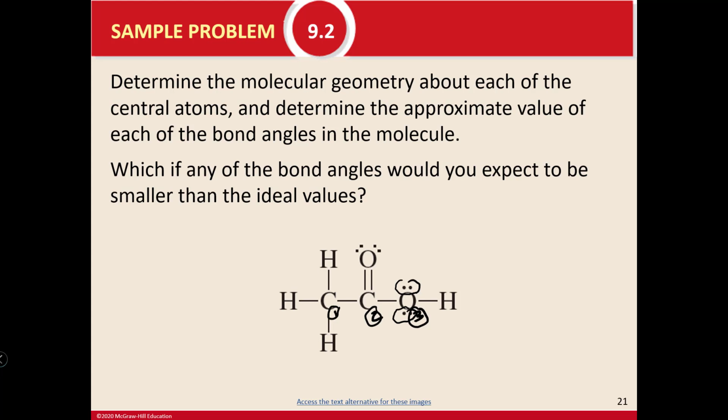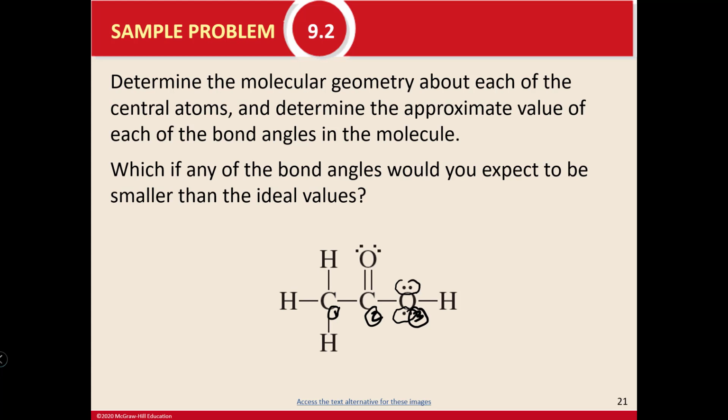So what you would say here is the angle between the carbon, the oxygen, and the hydrogen is less than 109.5 degrees. Because this is a tetrahedral electron domain geometry.